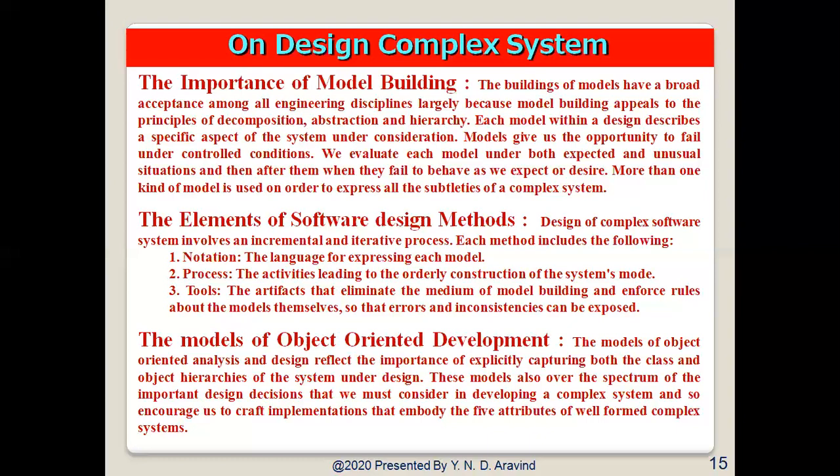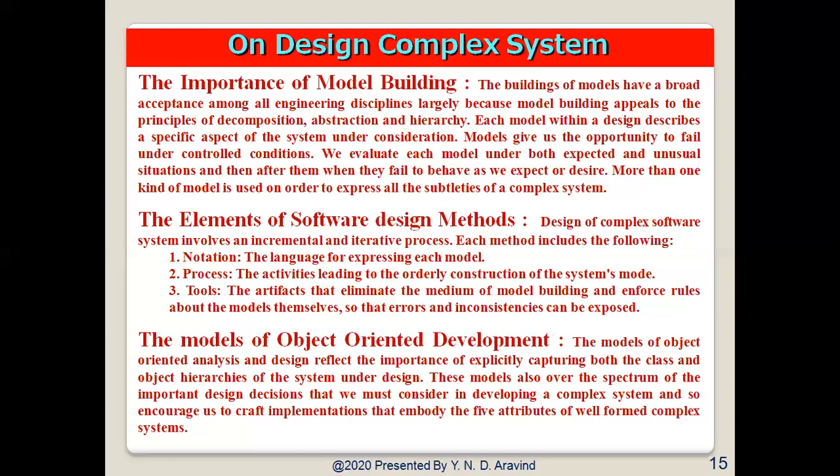So more than one kind of model is used in order to express all subtleties of a complex system. And here, coming to the elements of software design methods, design of complex software systems involves an incremental and iterative process, with each method including the following. One is notation, that is the language for expressing each model.